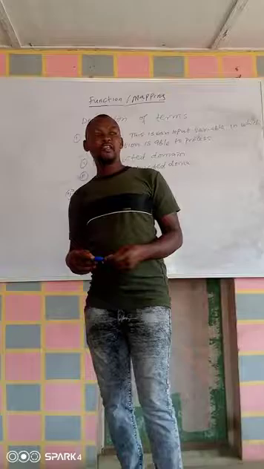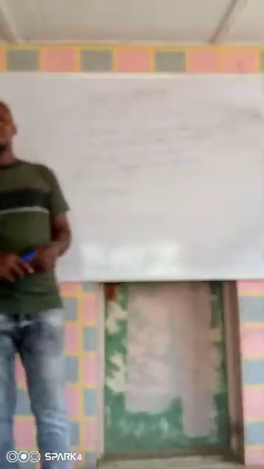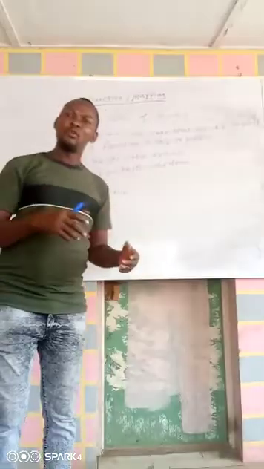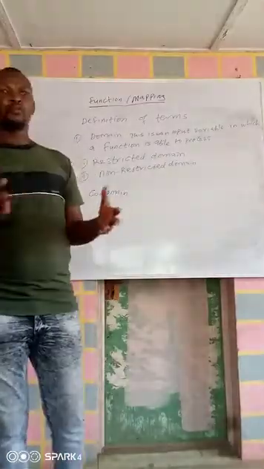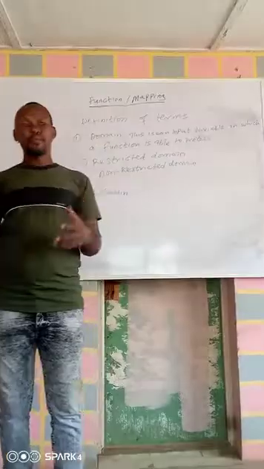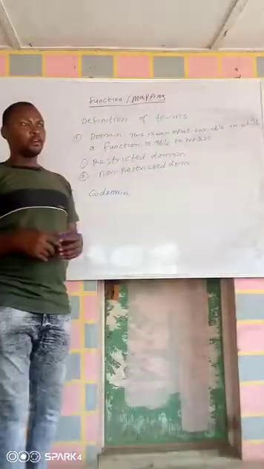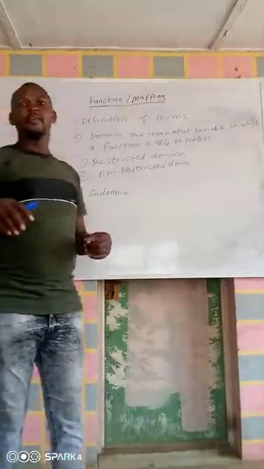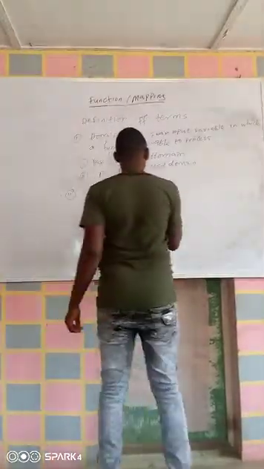It is the value that is able to pair with the domain, or the value that is unable to pair with the domain. Both of them, any value that is able to pair and unable to pair, is called the codomain.